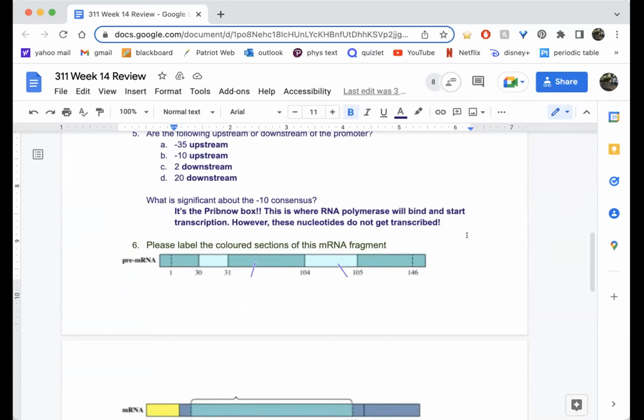What's present at -10 in eukaryotes? I actually have no idea. Probably just stuff that doesn't get transcribed into your RNA. Yeah, it could be part of the consensus maybe.